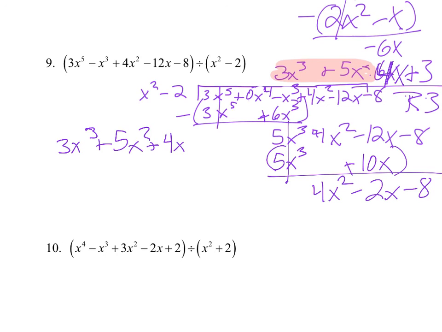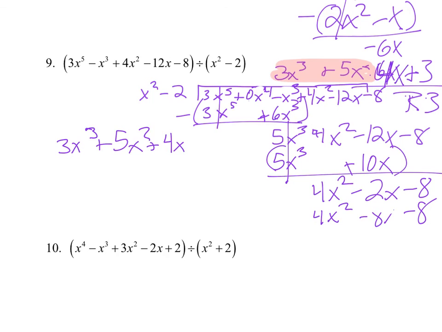That's what we're at right now. 4x squared minus 8x. Oh, there's no 8x. Minus 8. There we go.